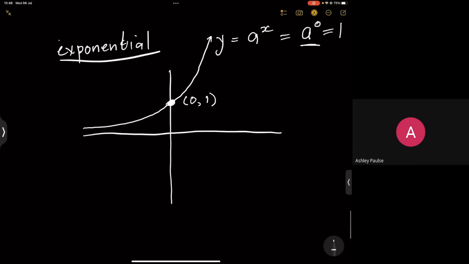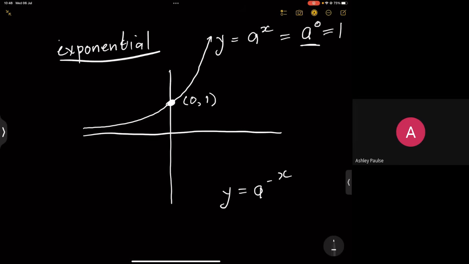Okay, now, just a very important thing for you to note. Sometimes we can express the graph as y is equal to a to the minus x, a reflection. We'll talk about reflections a little bit later. Now, what would happen if I've got a to the minus x?